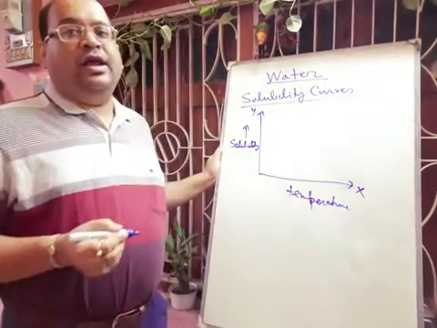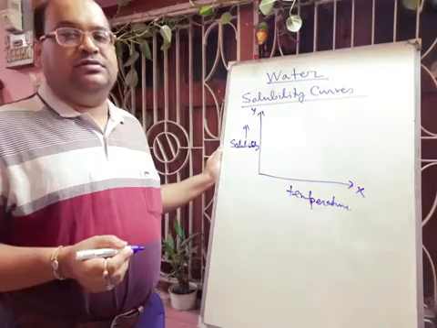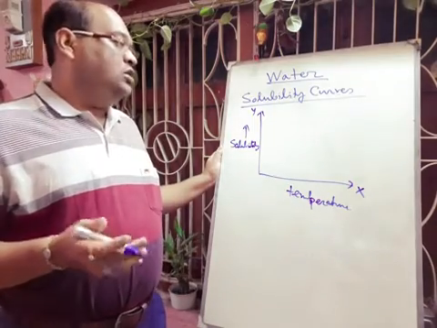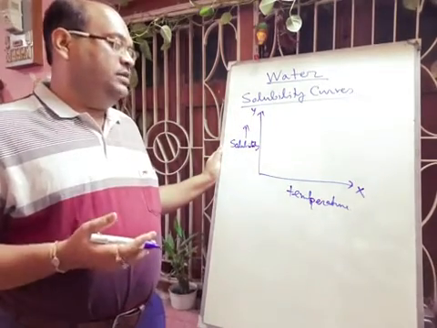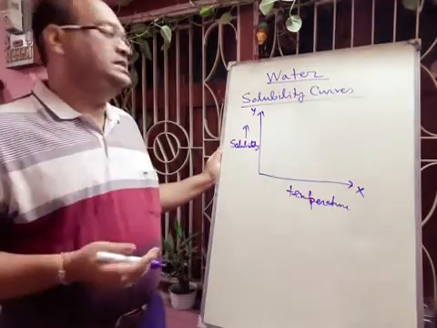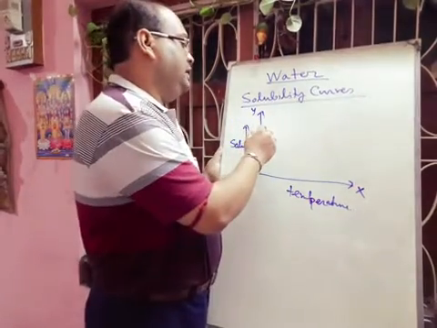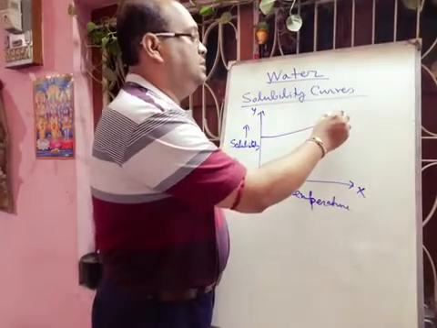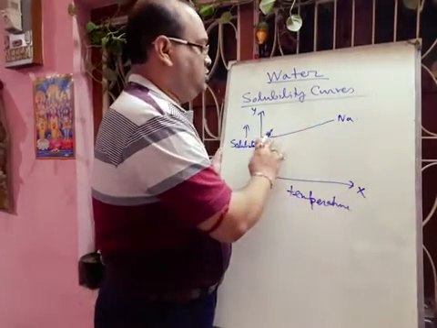Now we will draw the solubility of some salts depending on temperature. First we will draw that in case of NaCl. NaCl will be like this, not so much steep.